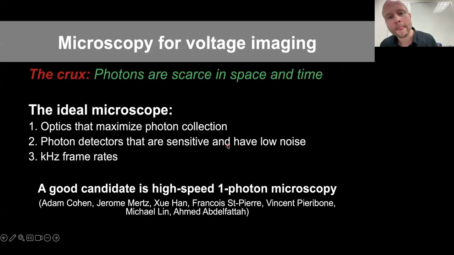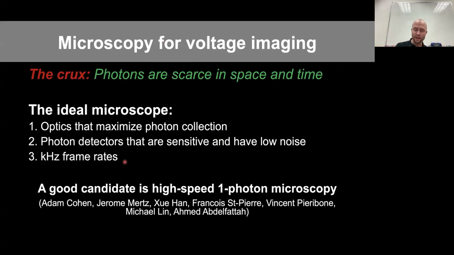All right, and so if one were to design the ideal microscope for voltage imaging, what would it be able to do? First, you need to accept the fact that when you're voltage imaging, photons are scarce in space and time. And so your ideal microscope will have optics that maximize photon collection, photon detectors that are sensitive and have low noise, and it should be able to achieve kilohertz frame rates.